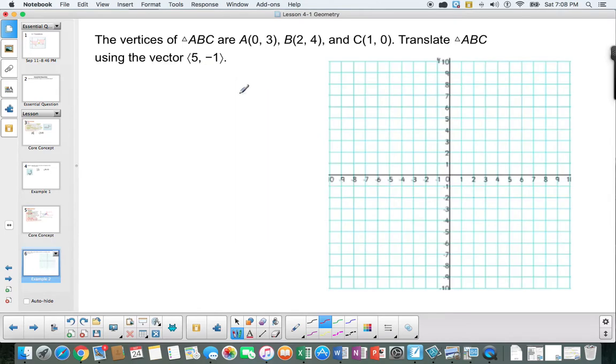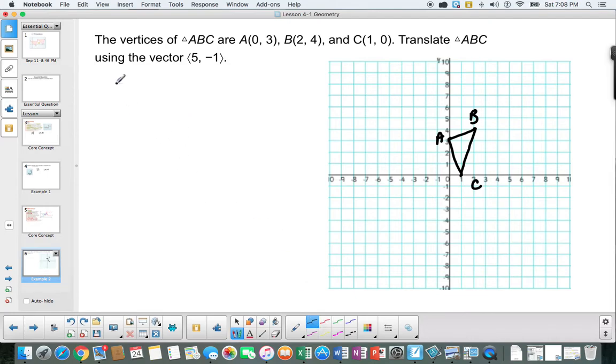All right, let's go ahead and translate. I'm going to start with point A, which is (0, 3). This is point A. B is (2, 4). And C is (1, 0). All right, now what we want to do is use this vector and translate it.